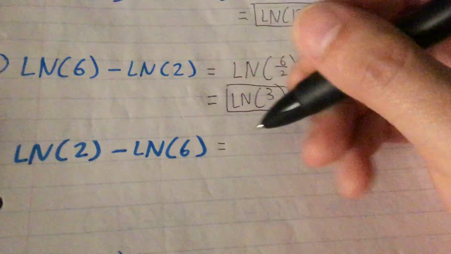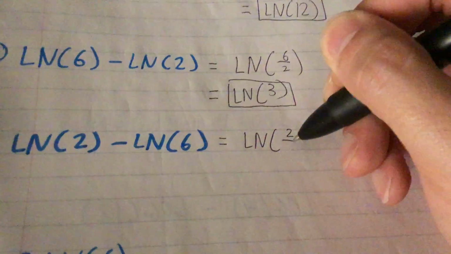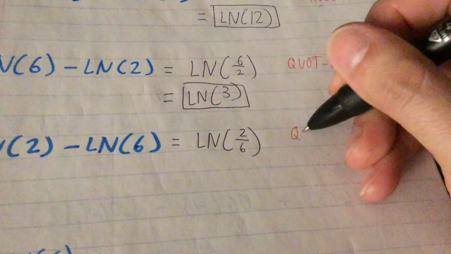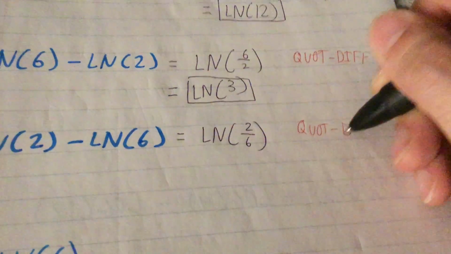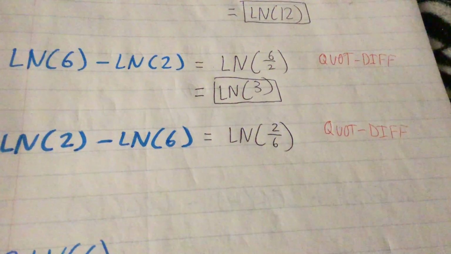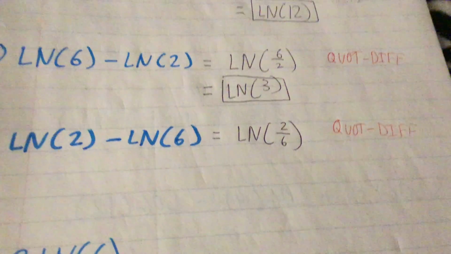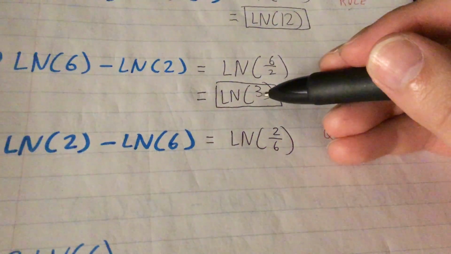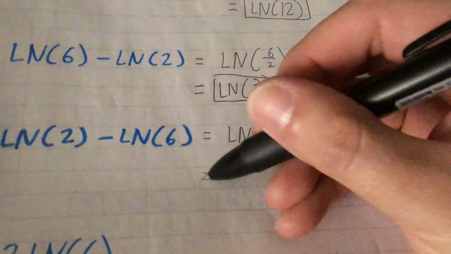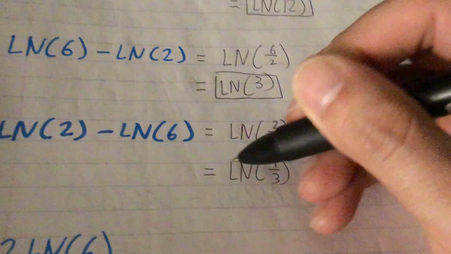So this becomes the natural log of 2 over 6, because, yet again, this is the quotient difference rule. All right. And can I simplify 2/6? Yeah, if 6 over 2 is 3 over 1, then 2 over 6 is 1/3. So this just becomes the natural log of 1/3, whatever that is.